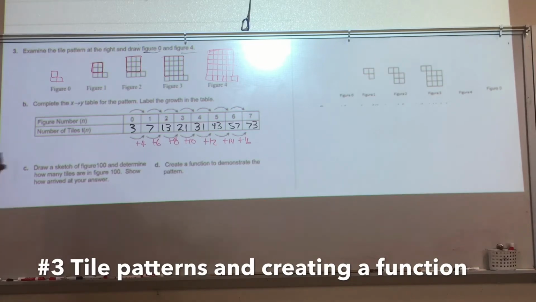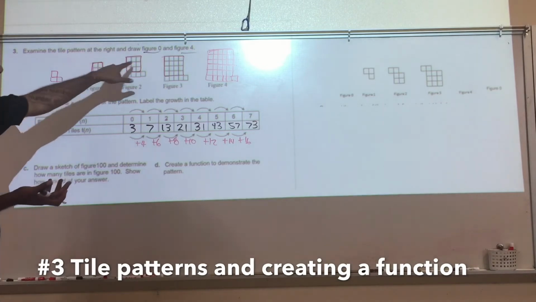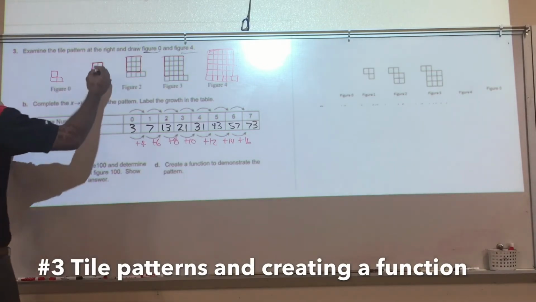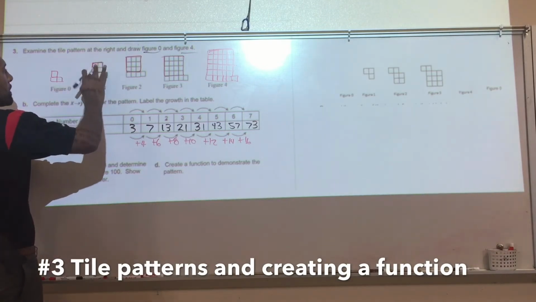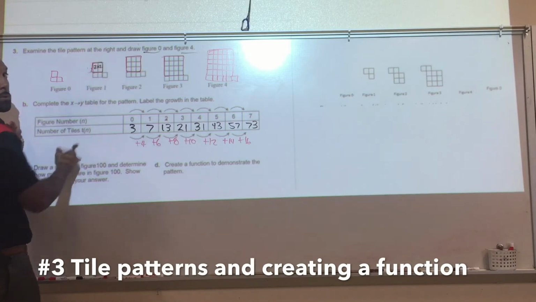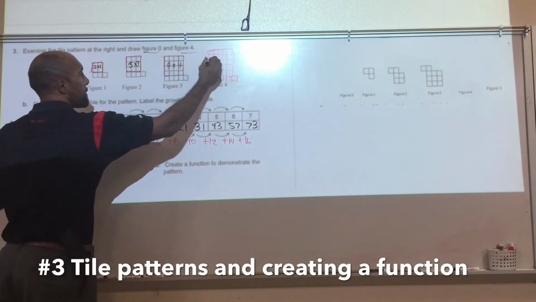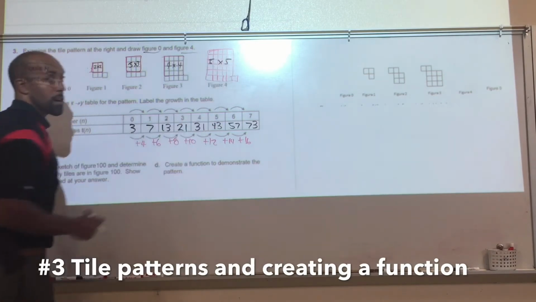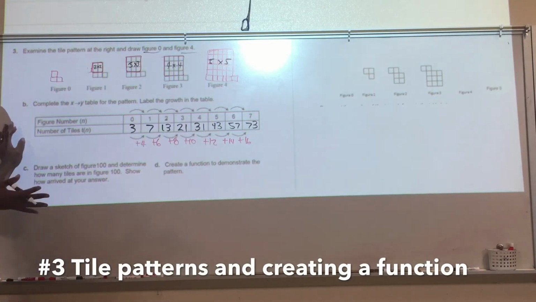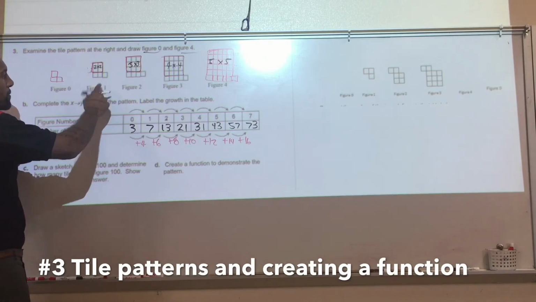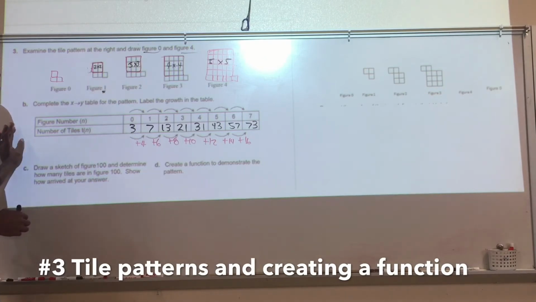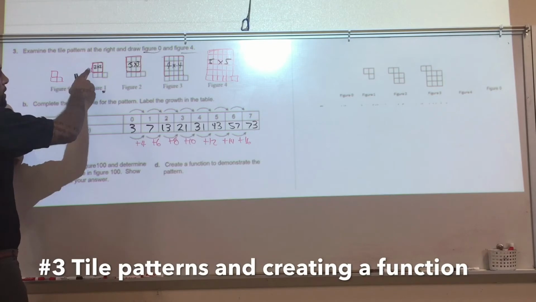Well, I kind of have to look for a pattern here. If I'm looking at these tiles on the top, I notice this is 2 by 2, 3 by 3, 4 by 4, 5 by 5 here on top. So let's start there. If I'm looking at the figure number, it's 1, and these are 2 and 2.